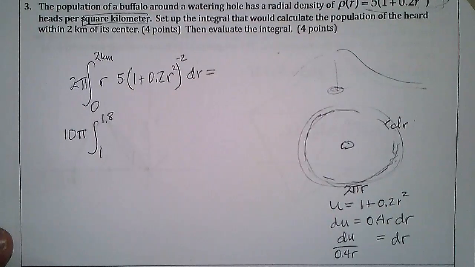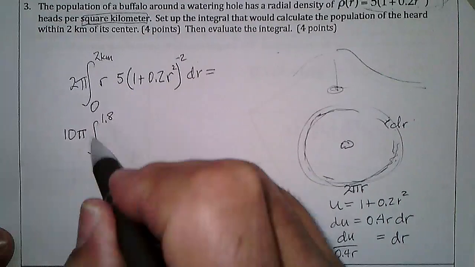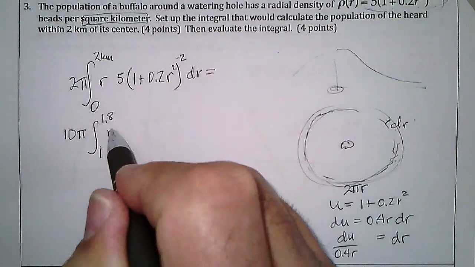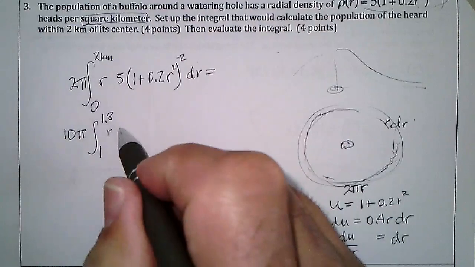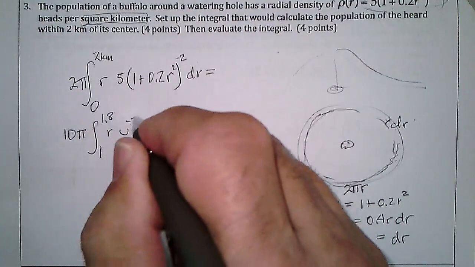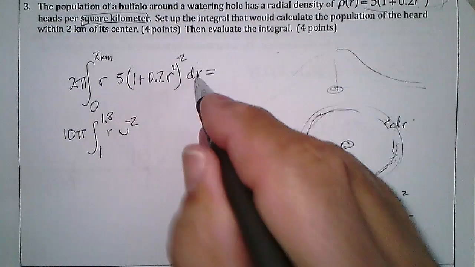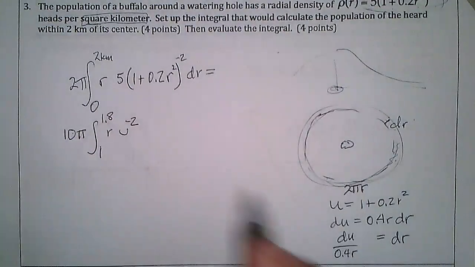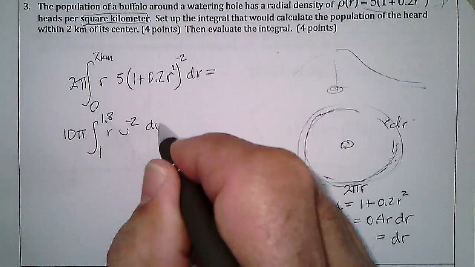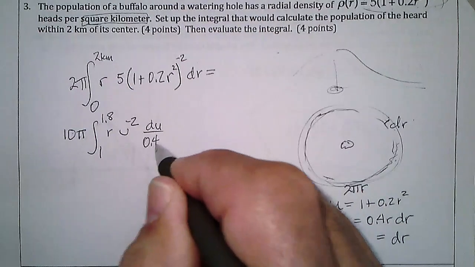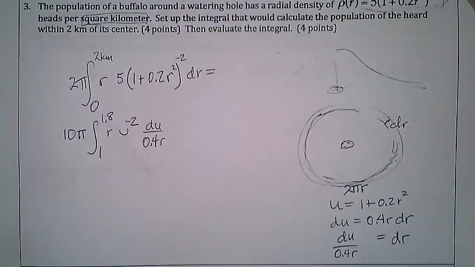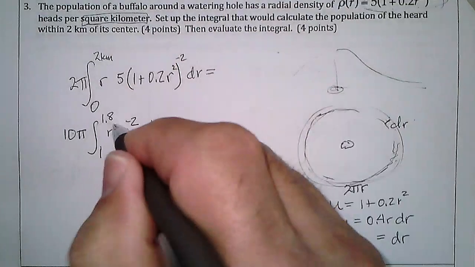And this is my u limits. And I have the 5 I've taken out, times the 2 pi. I have u to the minus 2. And I have, in place of dr, du over 0.4 r. The r's will cancel.